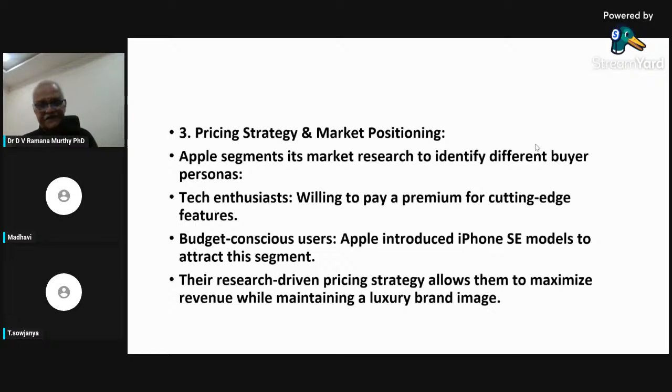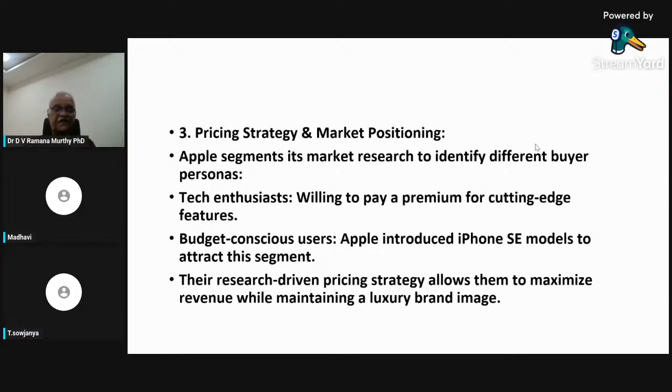Again, pricing strategy, same thing. Pricing and market positioning, like promotion and all. Apple segments its market research to identify different buyer personas. The different personas means different class of buyers use A product, B product, C product, depending upon their ability to buy and all that.